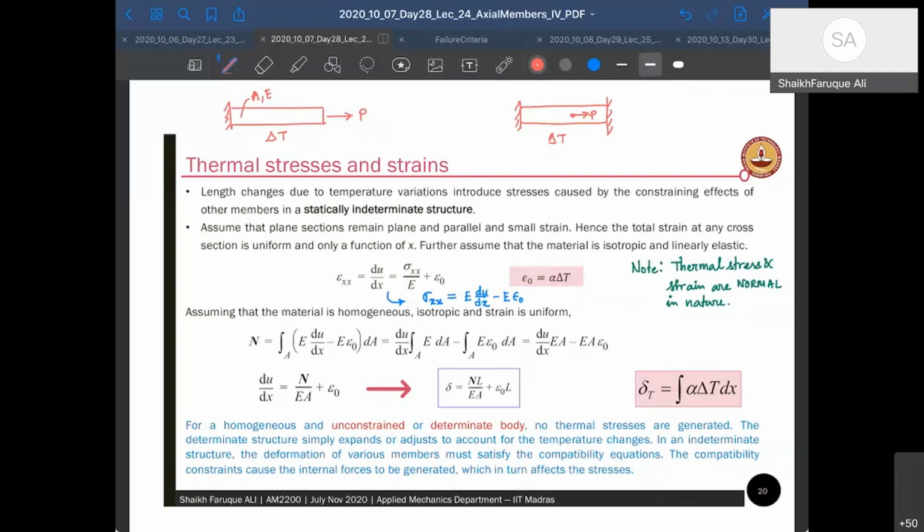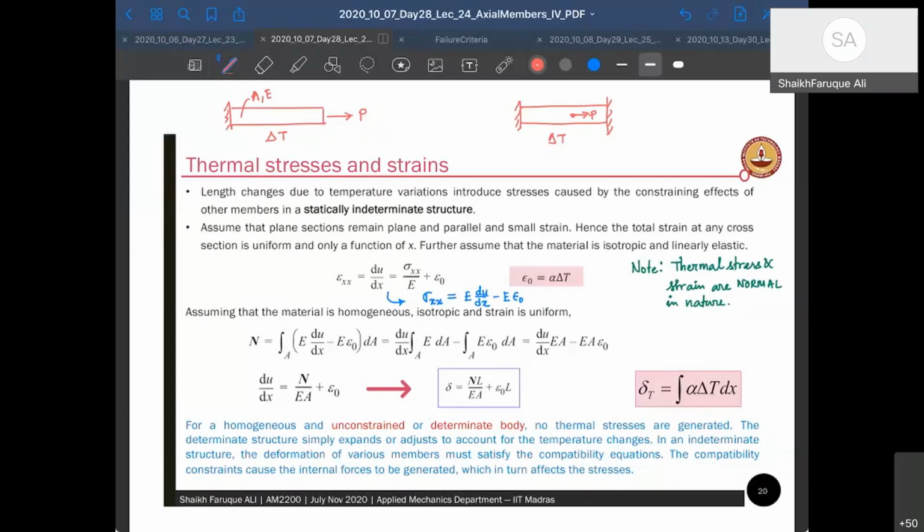Okay. And another point that you should know, these thermal stresses only generate normal stress, not shear stress. If the material is not homogeneous, say it's a composite material, then things may not be the same, because between the different layers of composites there can be extensions of different length, and that can create some kind of friction between the materials and give rise to shear stresses.